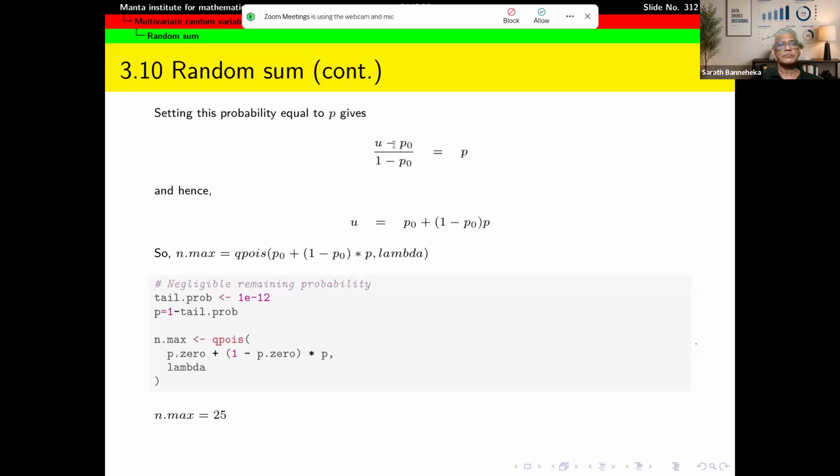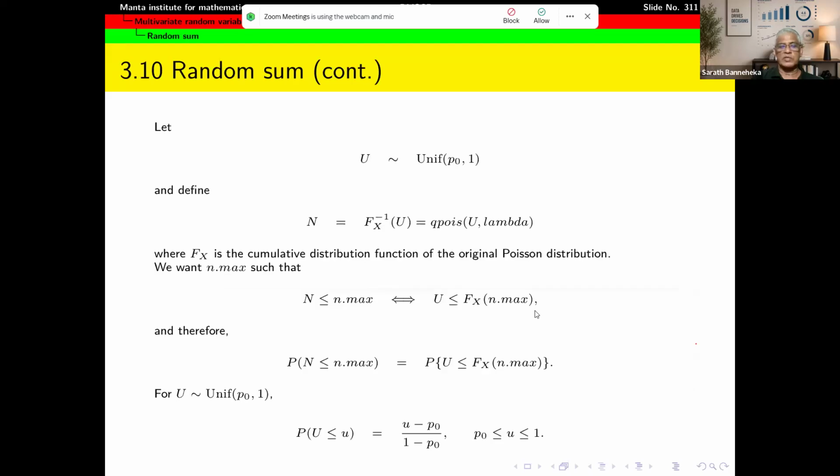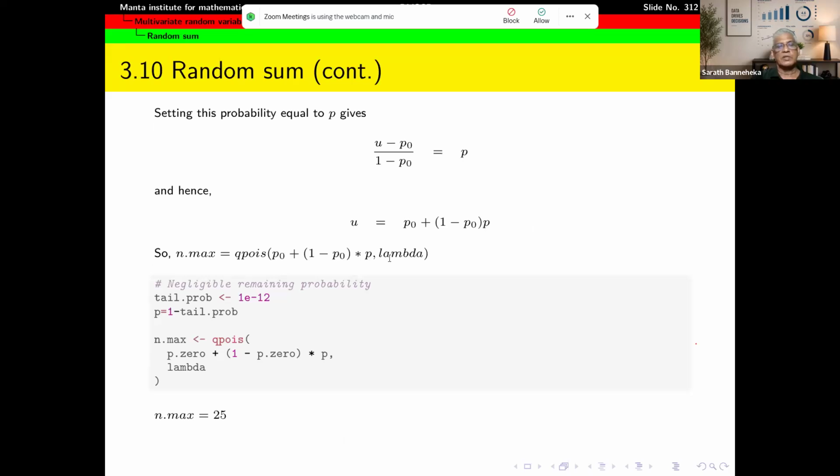So now setting this probability equal to p, where p is 1 minus the tail probability, and the tail probability is going to be a very, very small value. Using this expression, I can get n max to be equal to qpois, because what you have here is F_X and what you need is finally F inverse of u. So F inverse will be given by qpois of this value. That will be our n max value.